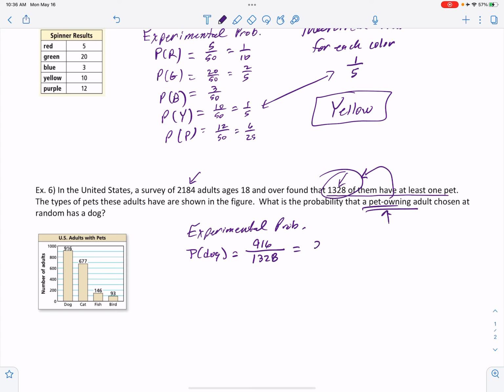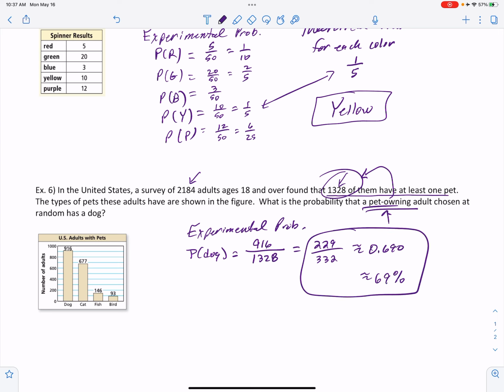And that's pretty much it. You can reduce that to 29 over 332, which is approximately 0.690 or approximately 69%. That's it.